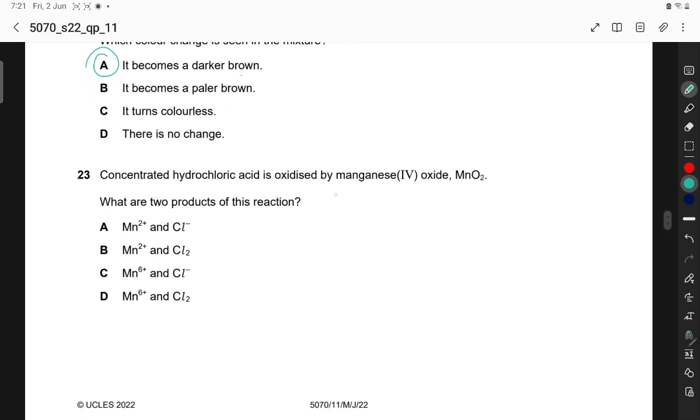Concentrated hydrochloric acid is oxidized by manganese 4 oxide. What are the two products of this reaction?